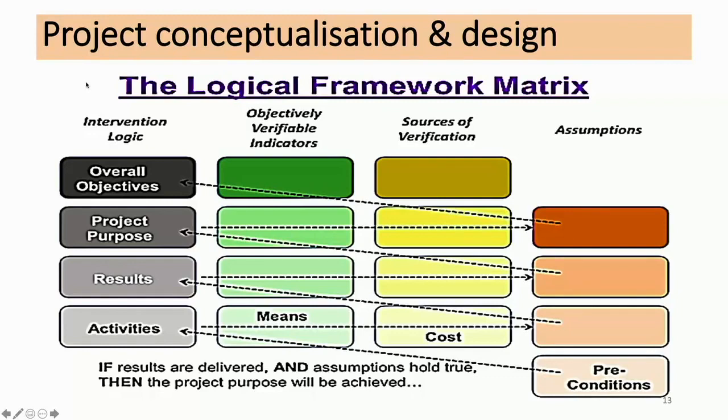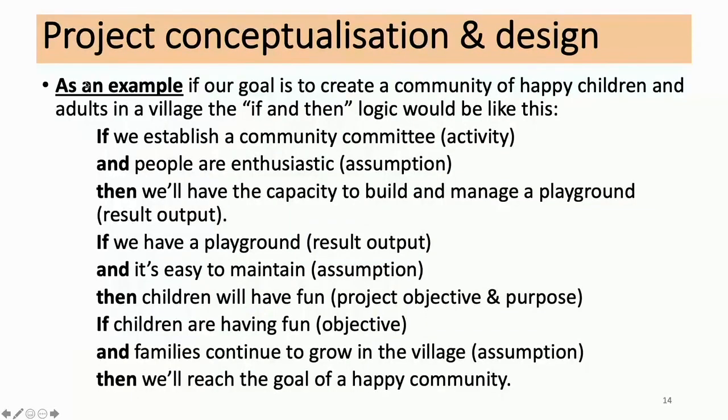If there are certain preconditions, and we implement the activities, which are implemented by utilizing specific means at specific costs, that will produce certain results, which we can verify and measure. When all of these results are achieved, the project purpose, the objective that we set out at the start of the project, can be achieved and can bring about that change and benefit to a community. For this project, we'll only use results and activities, the bottom part of a log frame.